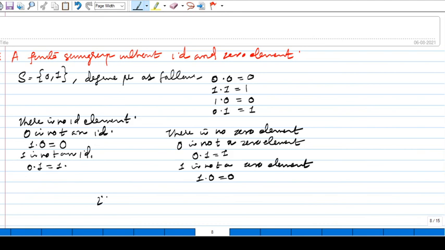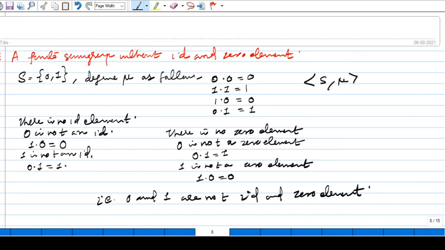So 0 and 1 are not identity and 0 elements. That is, the semigroup S, mu is without identity element and 0 element.